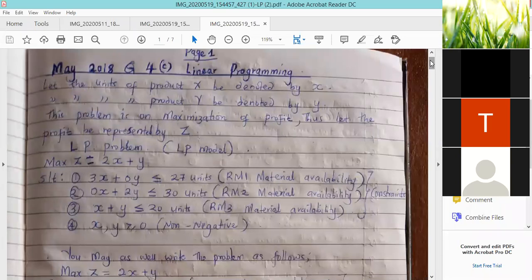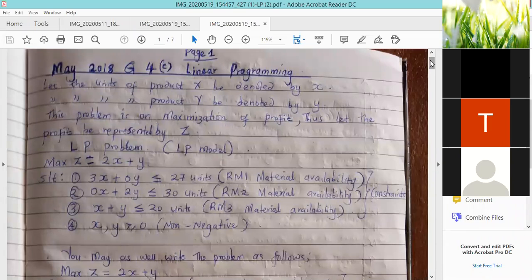weekly profit. So you hear what it is that the farm wants to do, and basically that helps you to pick out your objective, which is on maximization. Each unit of product X earns a profit of shillings 2, whereas that of Y earns a profit of 1 shilling.